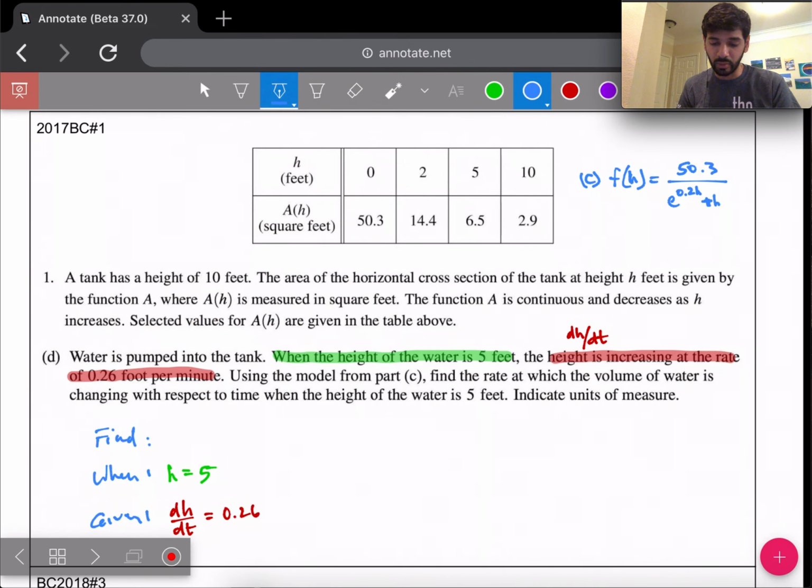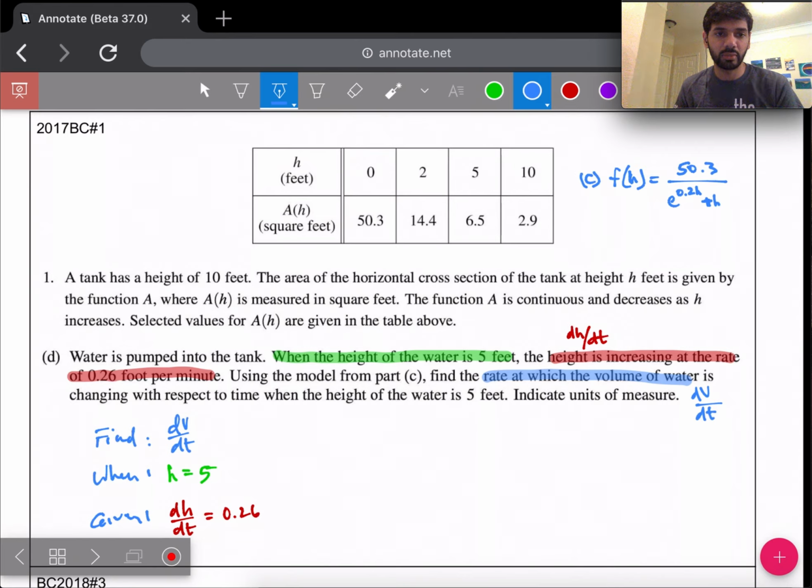All right, and now we need to see what we're trying to find. We're trying to find the rate of change of the volume of the water. Okay, so that would be dV dt here. The rate of change of the volume, dV dt, that's the first derivative of the volume.